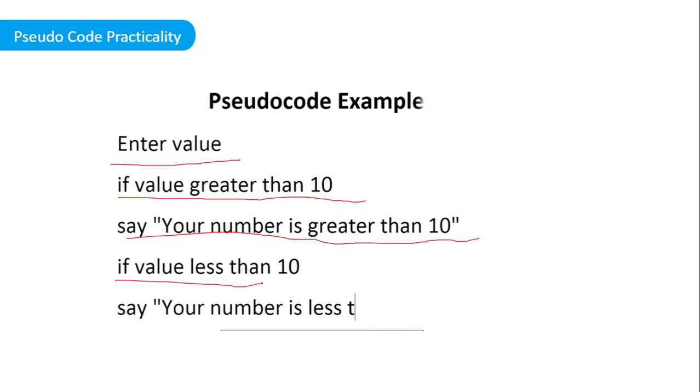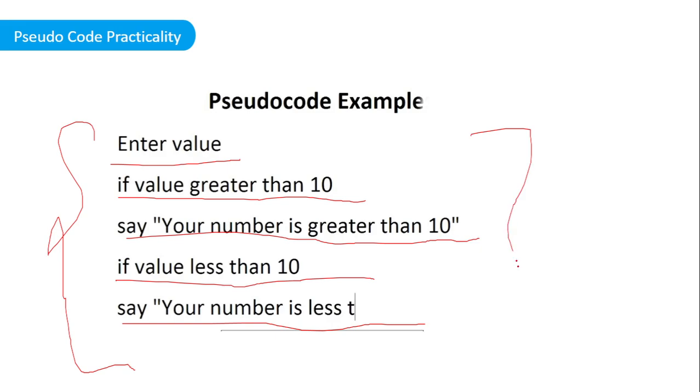If value is less than 10, say that your number is less than 10. And this is an English-like statement. So a program logic that is written in such a way, we term it a pseudocode.